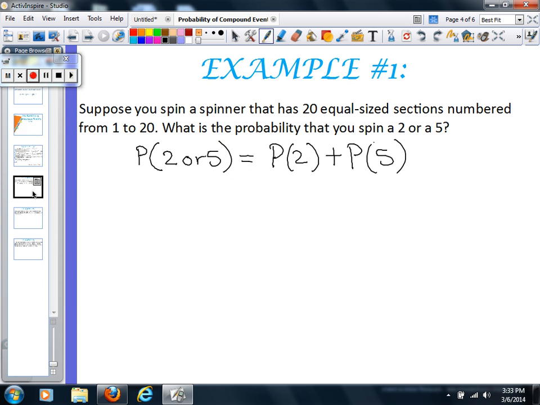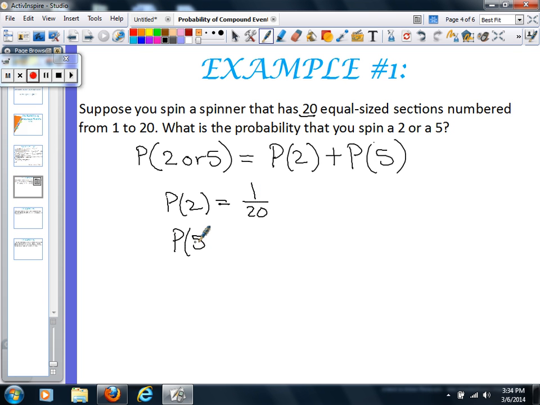Okay, so these are mutually exclusive because the spinner cannot land on 2 and on 5, okay? So we're going to say the probability of 2 plus the probability of 5, all right? So when I find the probability of 2, the total possible outcomes is 20, and I only have one 2 in 20, so that's 1 over 20.